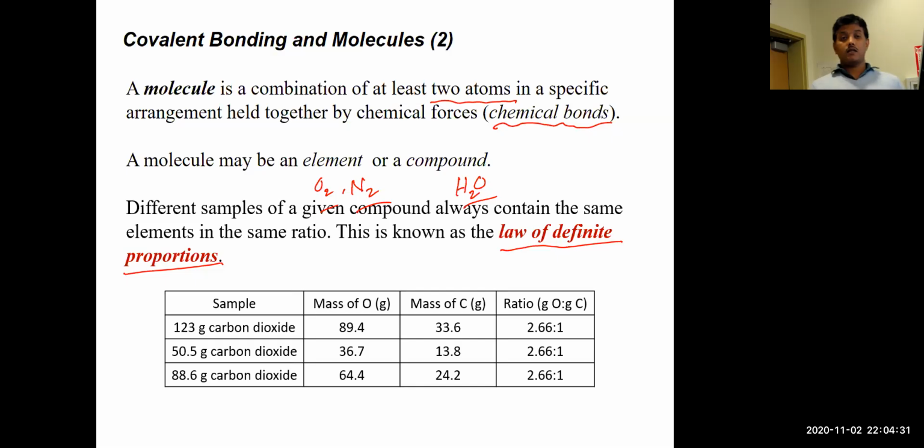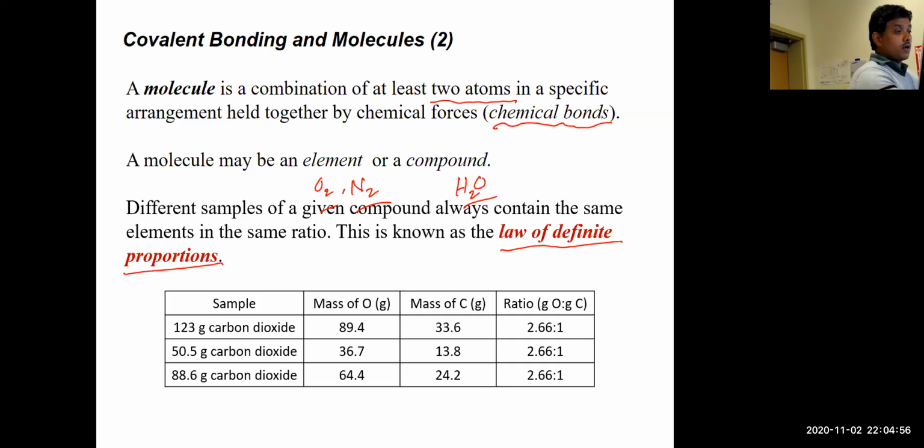So what does it mean? Let's look at carbon dioxide as an example here. Carbon dioxide, no matter where you collect that sample from, if you try to identify the amount of oxygen and carbon present in the collected sample and try to identify the ratio it presents at the end, it should always end up the same if you still collect pure carbon dioxide.